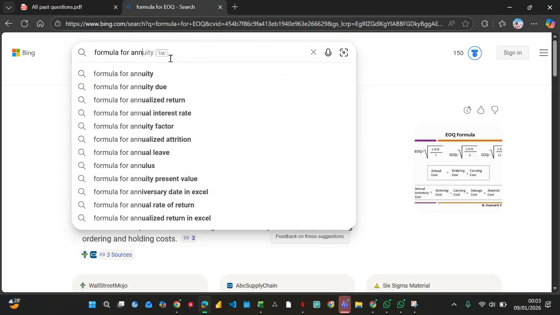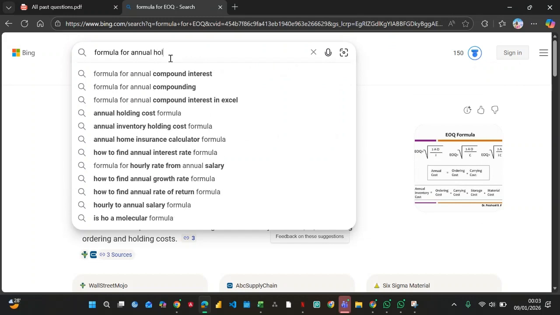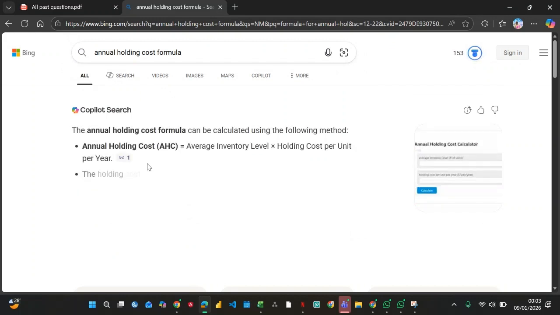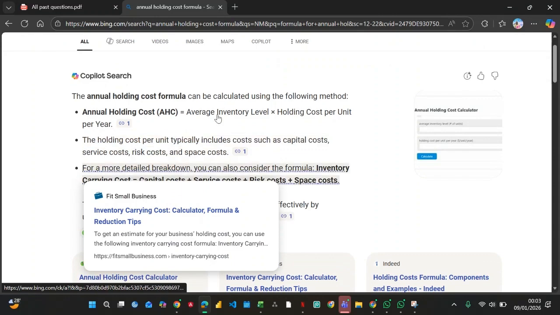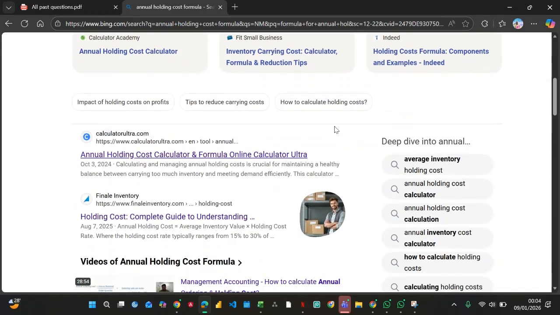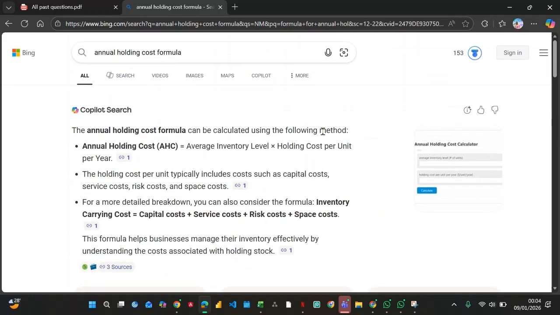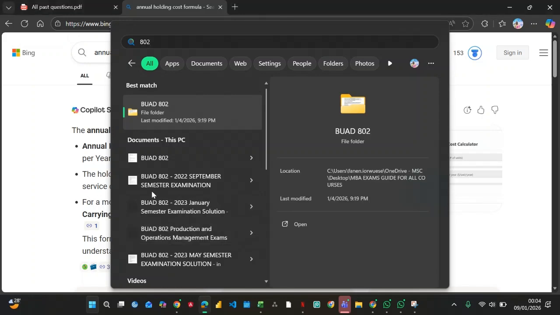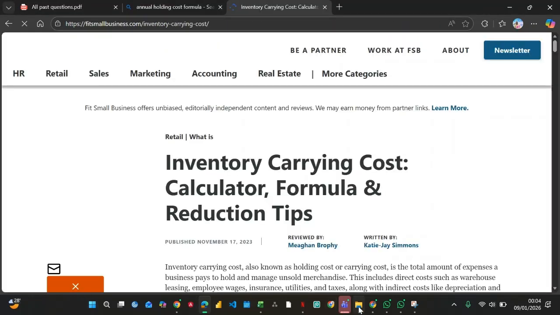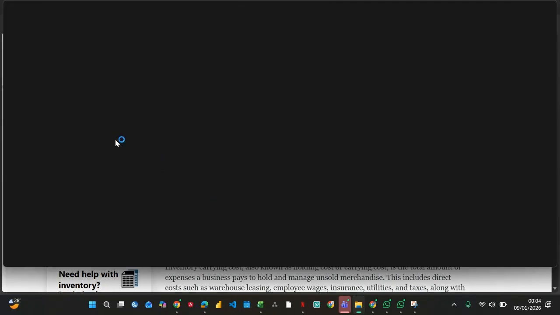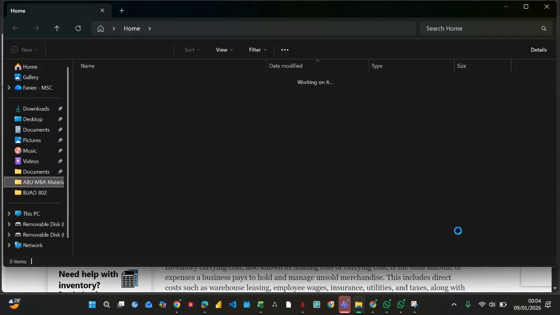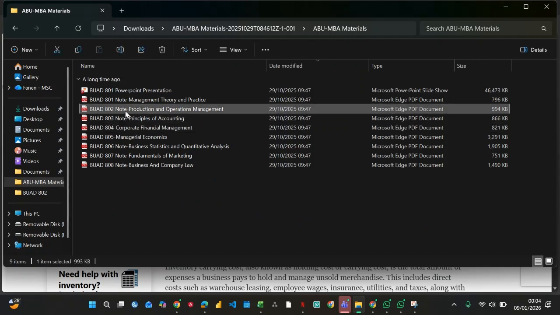Let me just check to confirm that formula before I substitute. This is inventory.